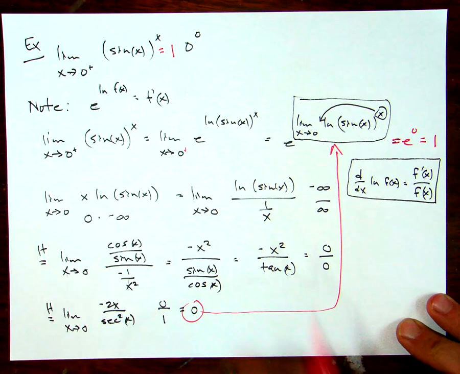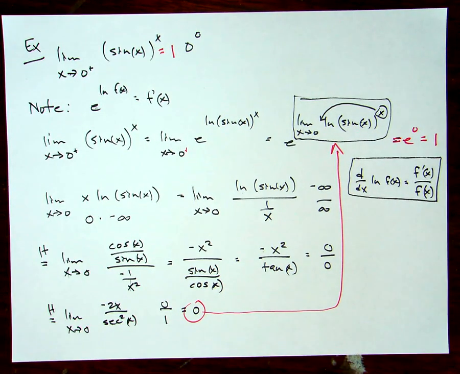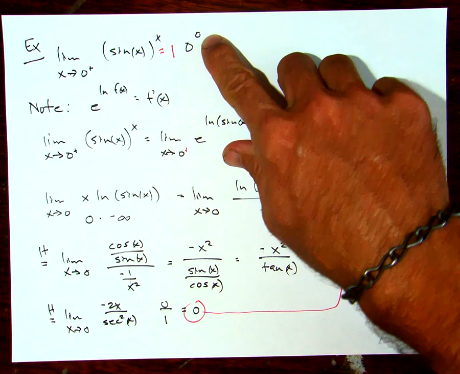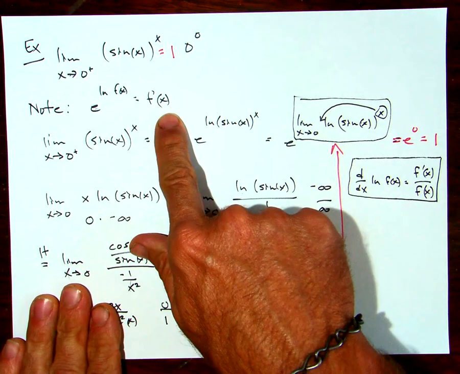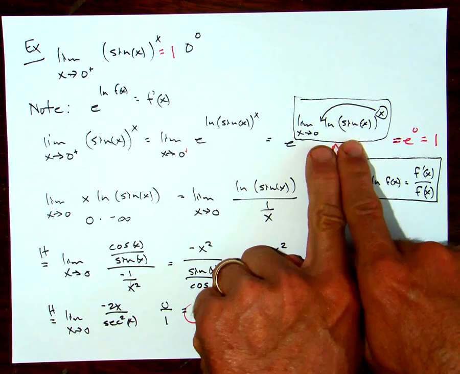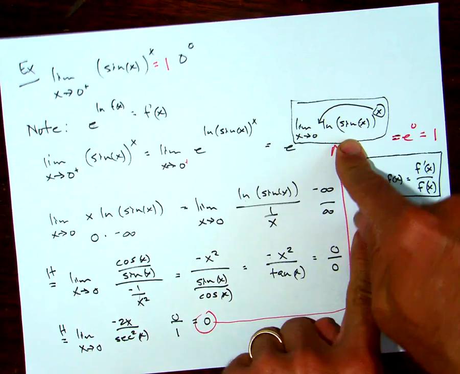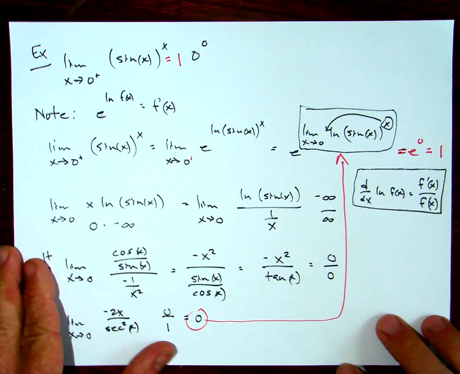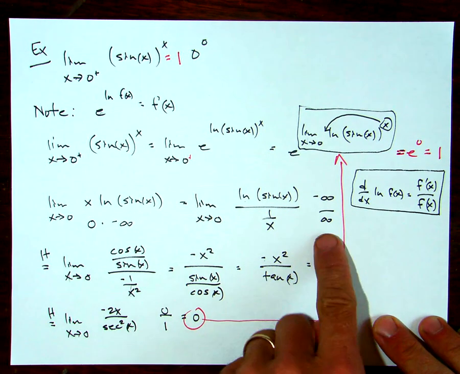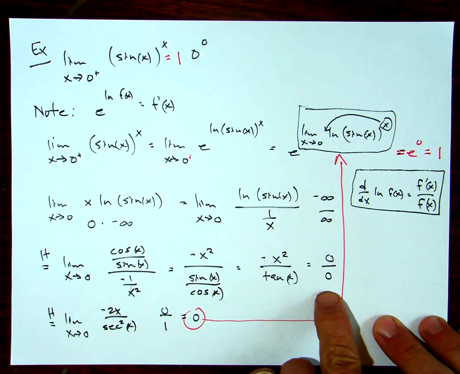So this shows one way to deal with an indeterminate power: we can use this property of logs to rewrite the function, and then we focus on this limit here. There were a couple of different scenarios that we went through in terms of indeterminate forms, trying to rewrite it in terms of an indeterminate form that we could apply L'Hopital's rule to.